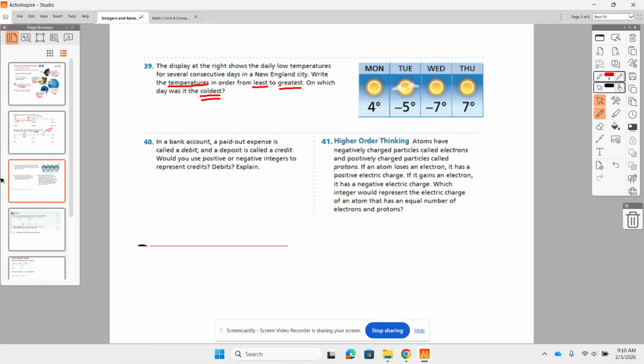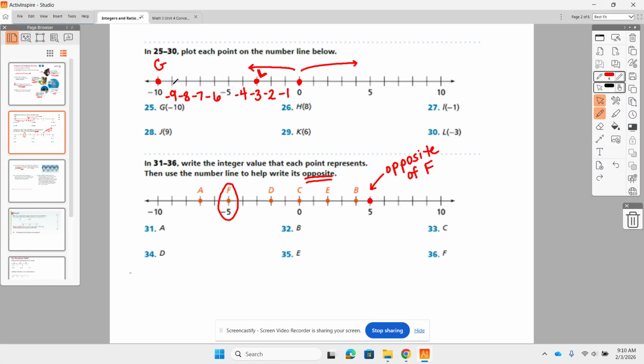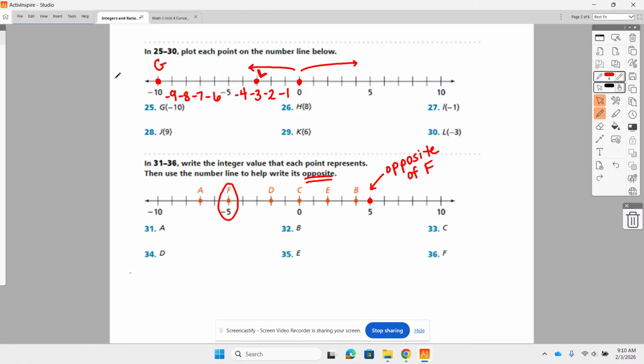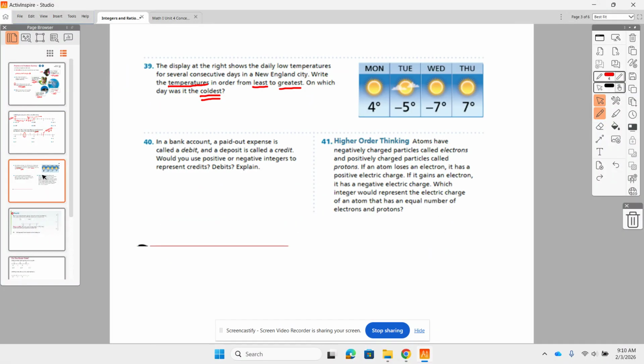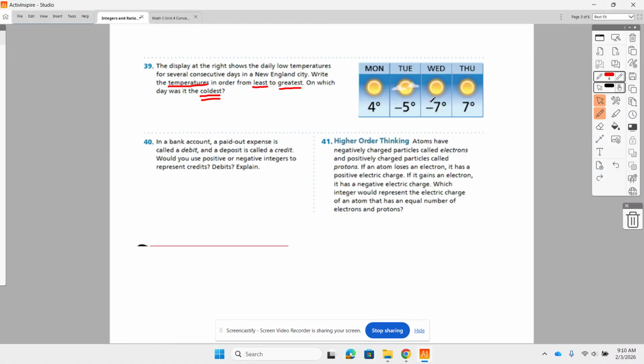Remember, we talked about that number line on the previous slide. Going further this way into the negatives means we're getting colder. So think about which temperature would be your coldest temperature. Which one are you thinking? Monday, Tuesday, Wednesday, Thursday?